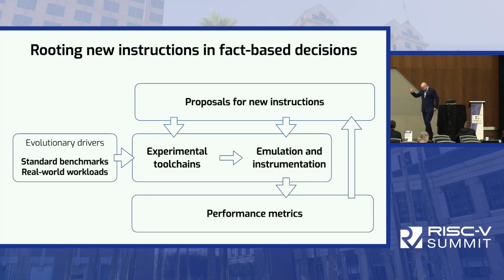So how does this process of driving this based on facts really look? So everything is involved in this. So first of all, the evolutionary driver is really the workload. We need to decide what workloads we can pull in. On the software side, in the software HC, we now have a number of special interest groups that are focused on different aspects of the overall software ecosystem.